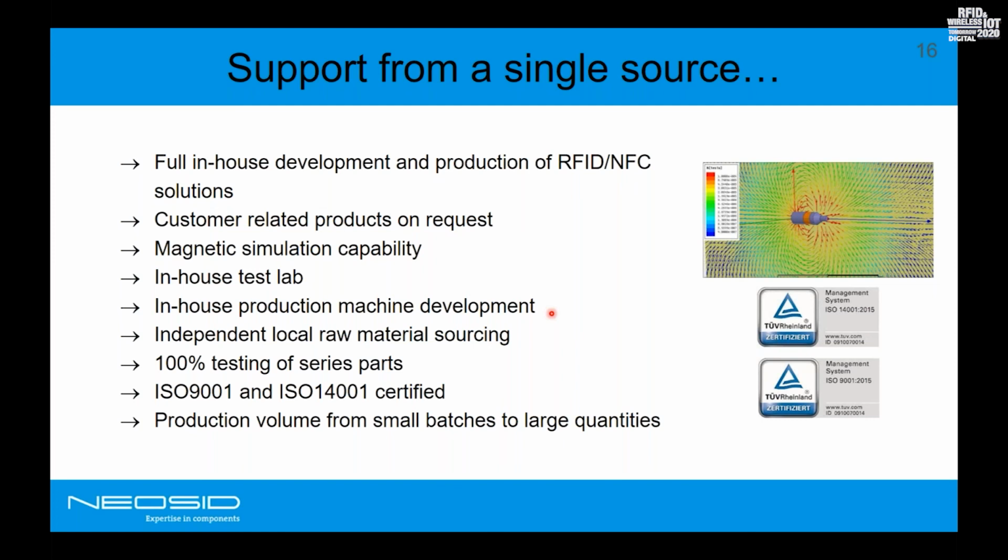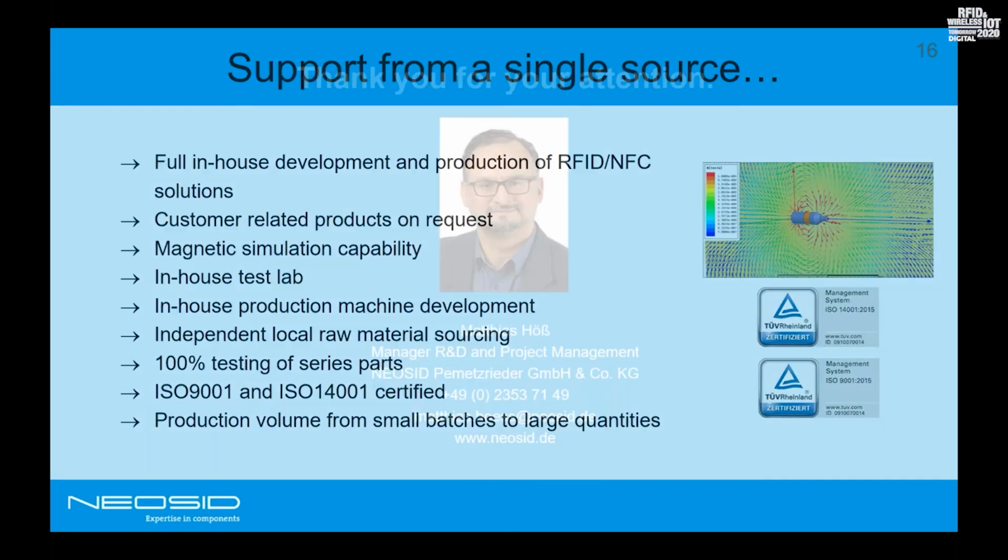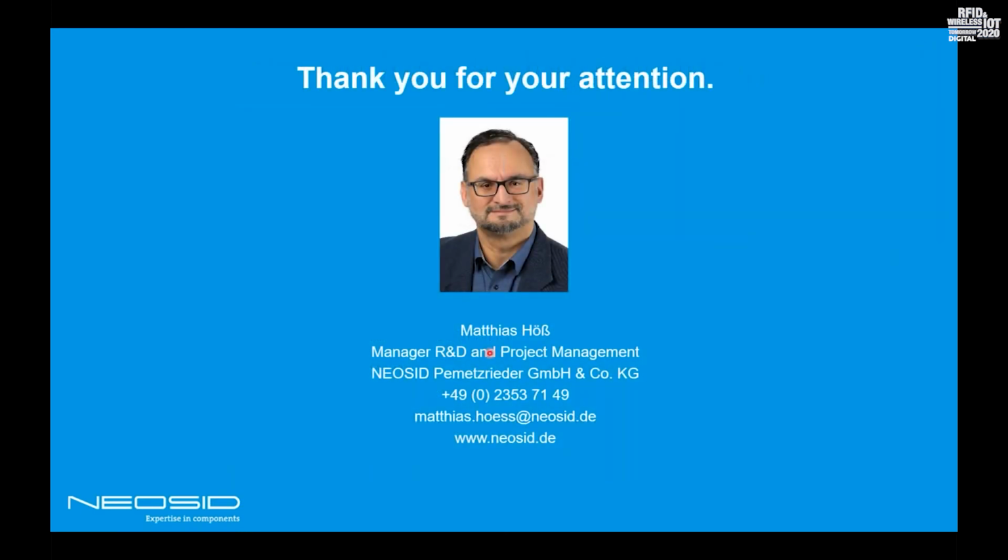We can offer small production batches and also large quantity production with our production daughter in Poland. So that was a short overview about our RFID high frequency transponders, especially used in Industry 4.0 applications.